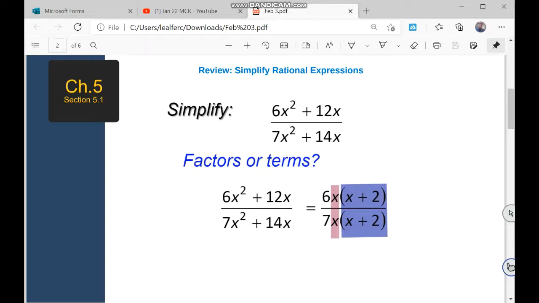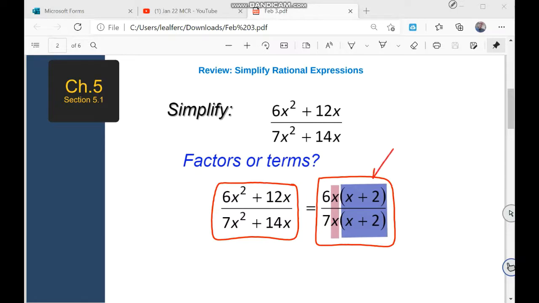After we factor out, applying all the factoring techniques that we know, this will be transformed into that. Okay? Tell me, what are the common factors that we can cancel out, and what is the result of that?